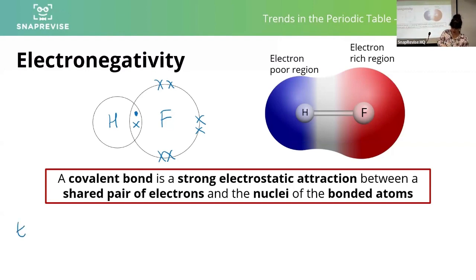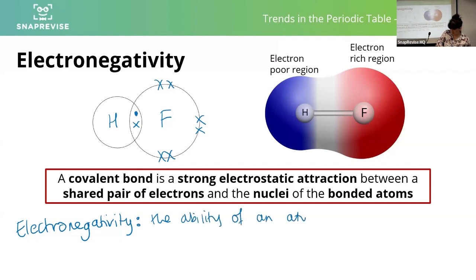So electronegativity is what? How do we determine it? Electronegativity is the ability of an atom to attract the pair of bonding electrons in a covalent bond.